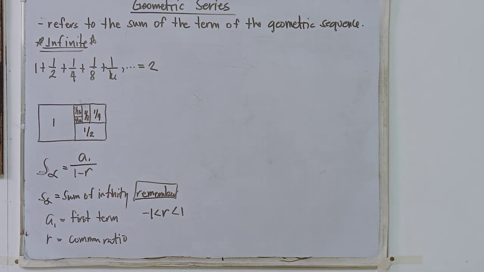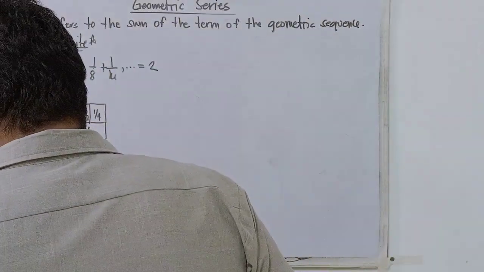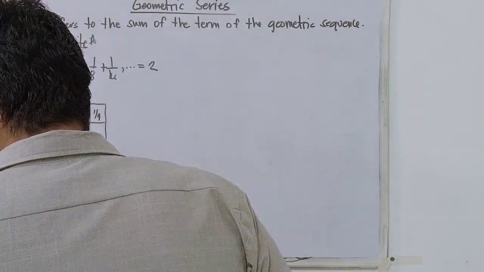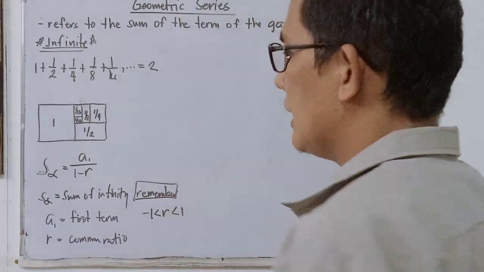But we will have to remember that negative 1 is less than r is less than 1. Therefore, the common ratio is less than 1 but greater than negative 1. So that is one thing that we will have to remember if we are going to solve for the infinite geometric series.